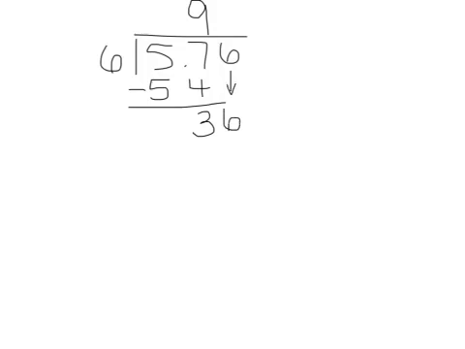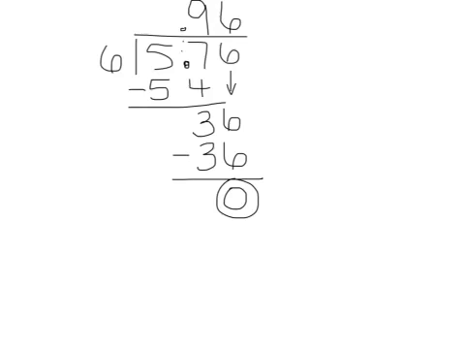Now I have to ask myself, how many times does 6 go into 36? It goes in 6 times. 6 times 6 is 36. Subtract 0, so I'm done. Where's the decimal? I'm going to raise it up and put it here. So 5 and 76 hundredths divided by 6 is 96 hundredths.